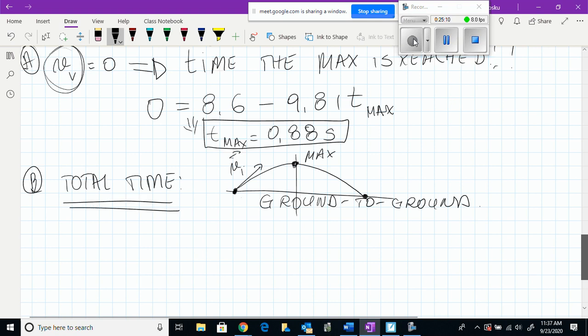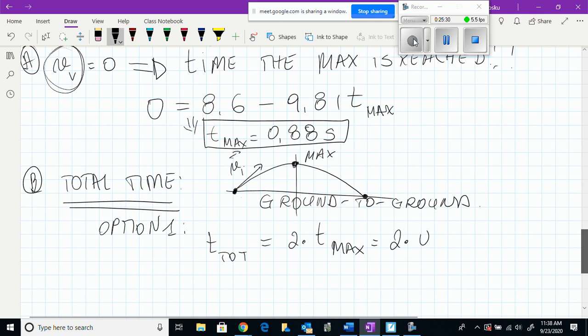So if we are looking for the total time, we have two options here. Option one is to take the maximum time and multiply it by 2. So T total, but only for ground to ground, will be 2 times T max.